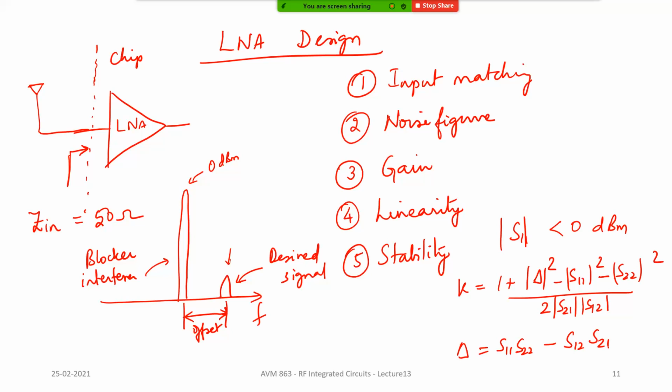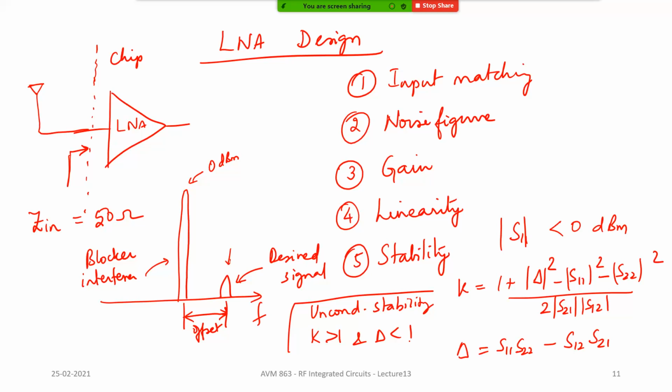So for unconditional stability, what do you need? Your K should be greater than 1 and delta should be less than 1. This is what is called the Stern stability factor or the K delta stability condition. For all values of input and output, it basically should be stable.